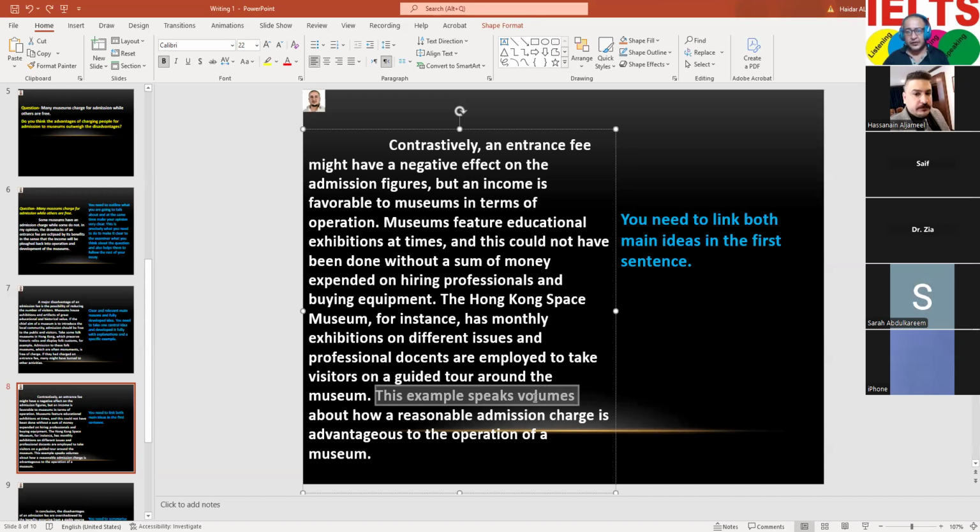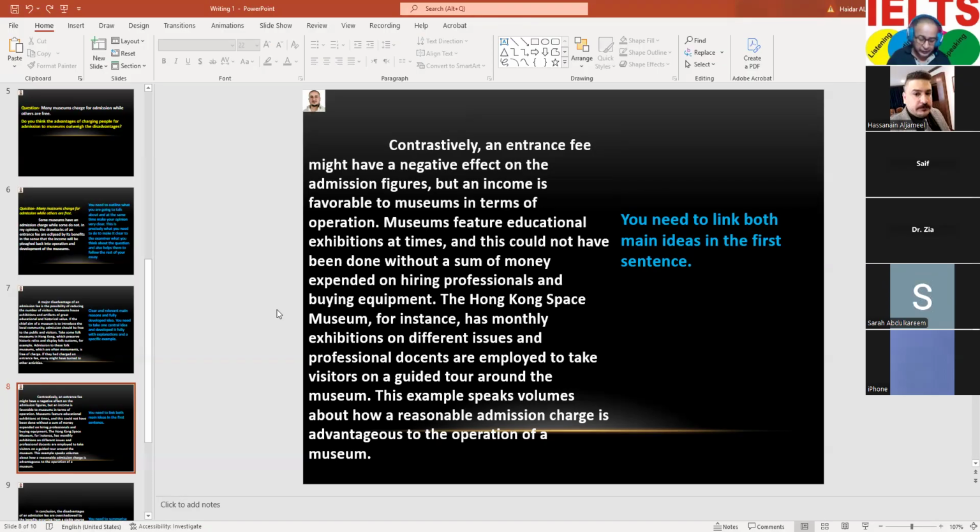As we said, speaks volumes means is a proof, is evidence about how a reasonable admission charge is advantageous to the operation of a museum. That's a perfect body writing. Okay, this is an ideal piece of writing so far.